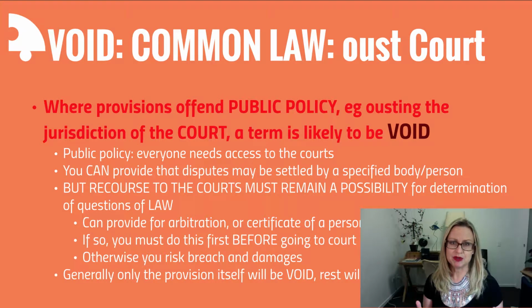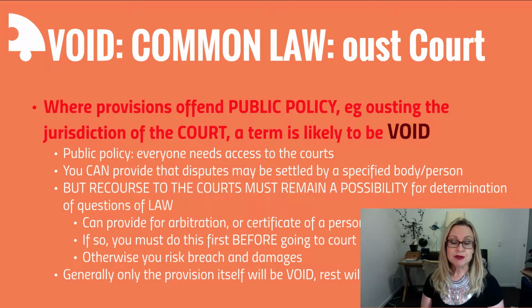If there's a dispute, you try and sort it out, sure. You try and use more expeditious forms of dispute resolution, sure. But the ultimate ability or the capacity of the party to actually go ahead and file proceedings can't be blocked off. It's just contrary to public policy.